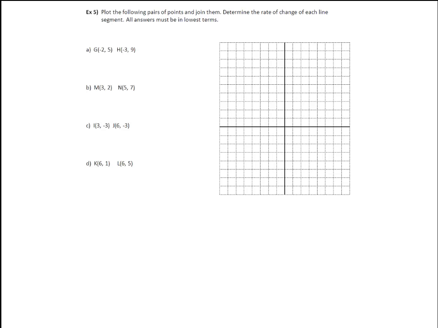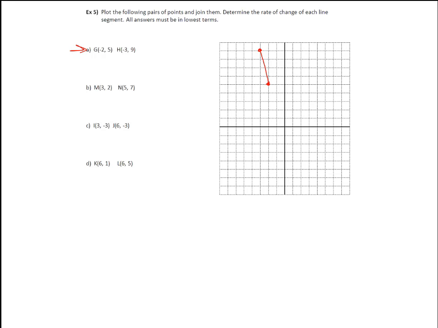So you know how to plot these points. I'm going to change the color back to red to start for A here. So I have -2, +5, so 1, 2, 3, 4, 5 right here. And my next point is -3, +9, so right here.